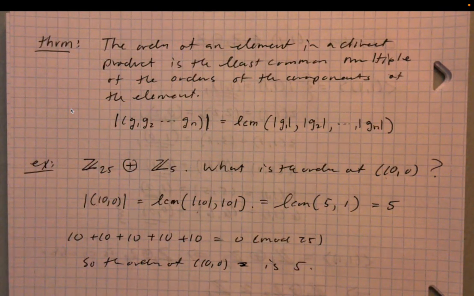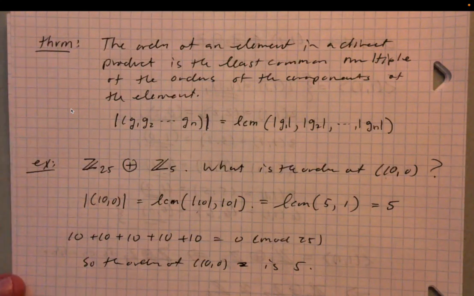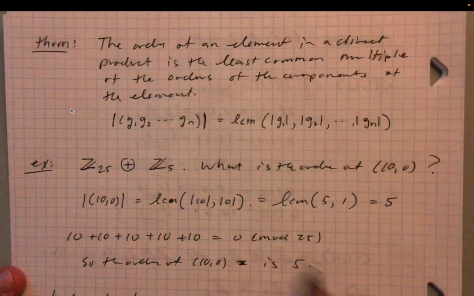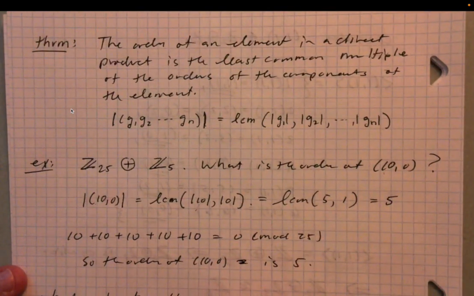Okay, it's the least common multiple of these two individual component elements from the disparate groups. Okay. All right. What about, and this will be another contrived example, how about (15, 4)?